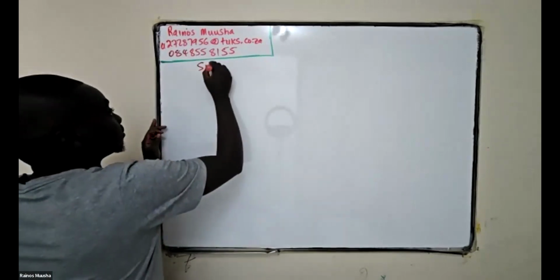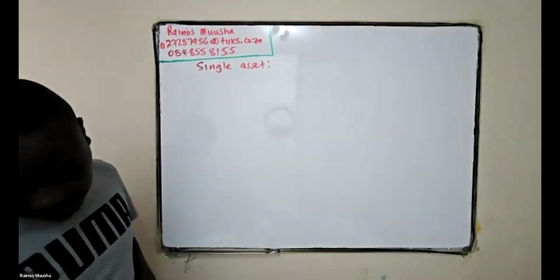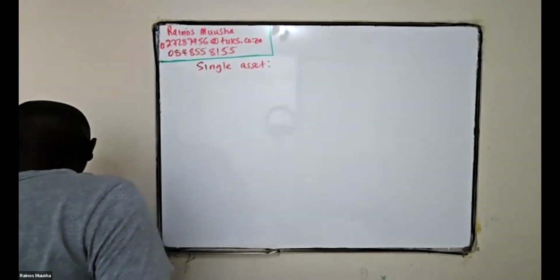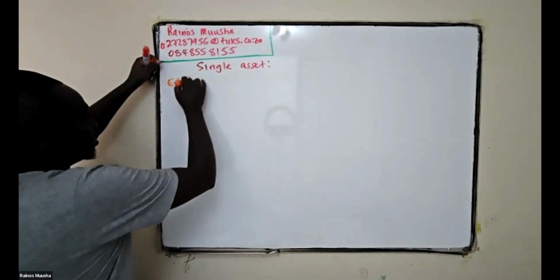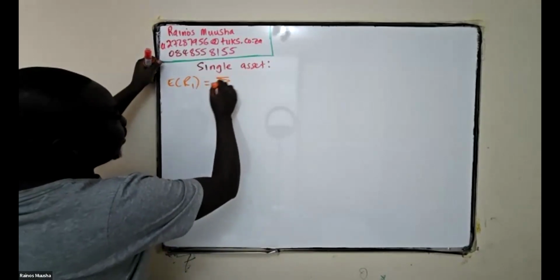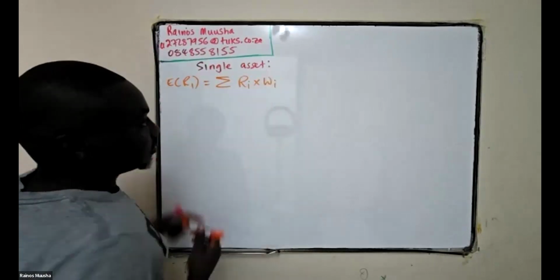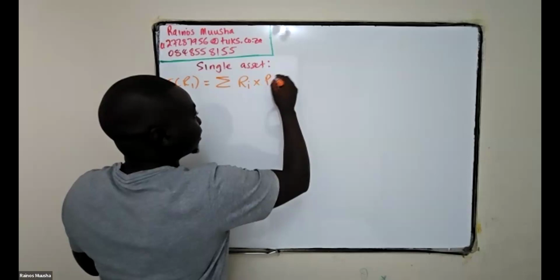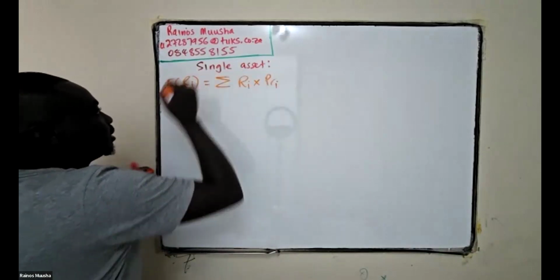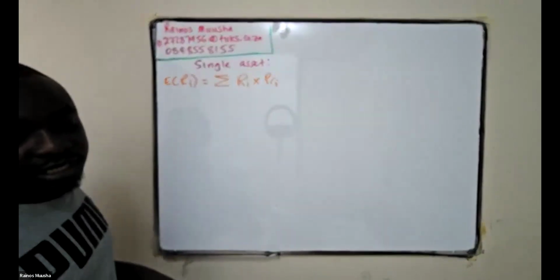For a single asset, the expected return of the asset is given as the sum of the possible returns multiplied by the probability of earning those returns.